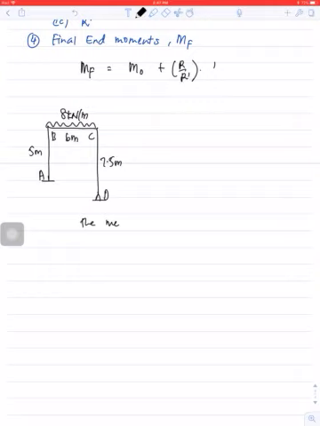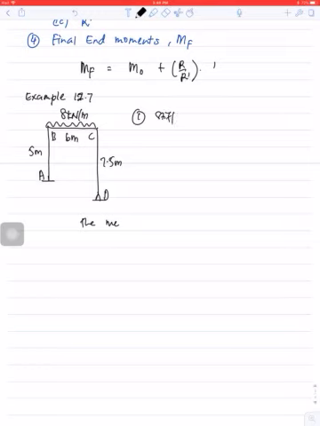We will analyze example 12.7. This is example 12.7, where the I for each element is different. So we start with the first stage.